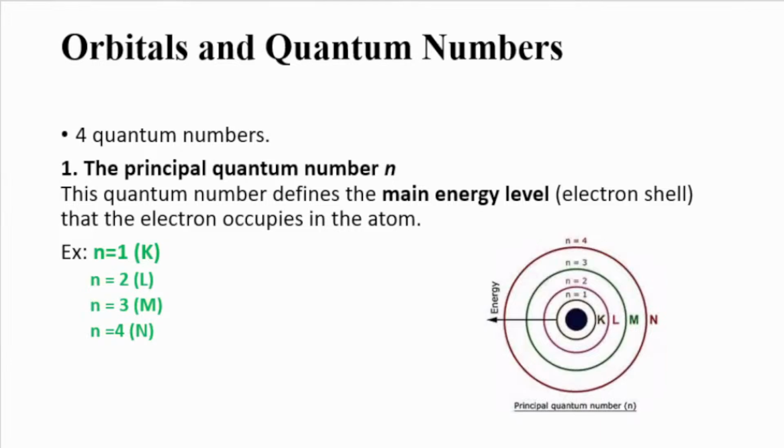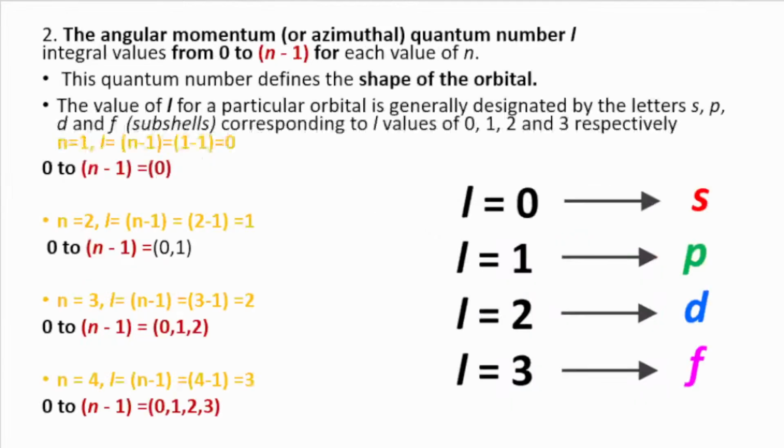So that indicates the number of main energy levels. The second quantum number is the angular momentum or azimuthal quantum number. It gives the integral values 0 to n-1.